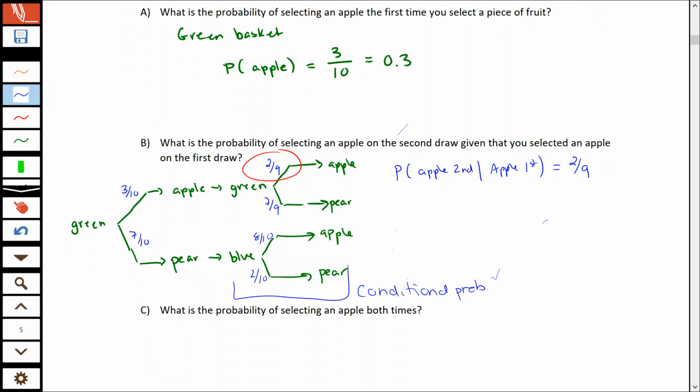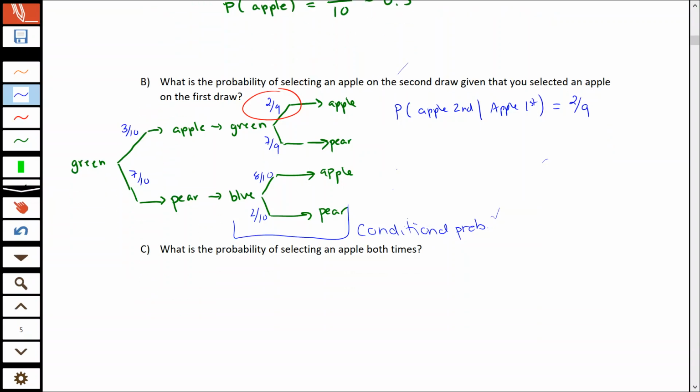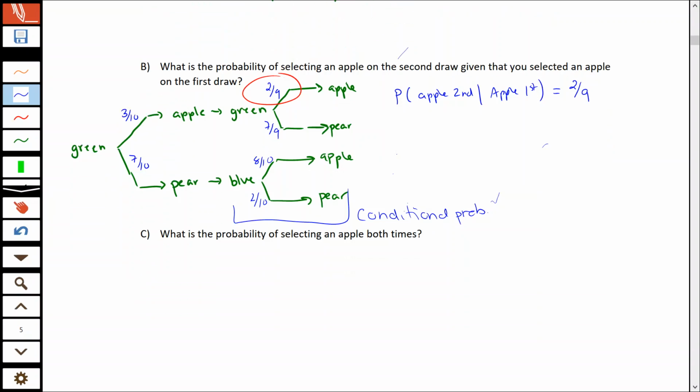So now it asks us, what is the probability of selecting an apple both times? So before it was just like, hey, if we already selected an apple the first time, what's the chance of doing it a second time? And so here we're looking for that probability of an apple on the first try and an apple on the second try.